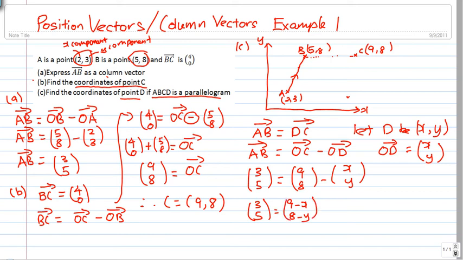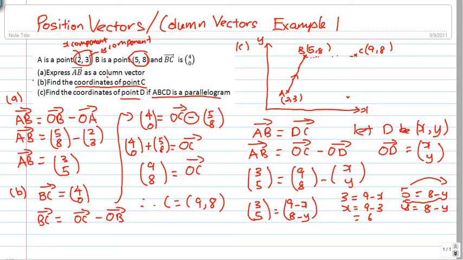So now we can solve. 3 equals 9 minus x, so x equals 9 minus 3, which is 6. Now 5 equals 8 minus y. All I'm doing is shifting y to the left and 5 to the right. When you shift to the opposite side of the equation, your sign will change from plus to minus, from minus to plus.